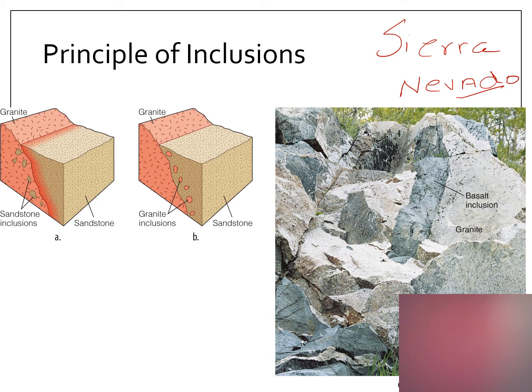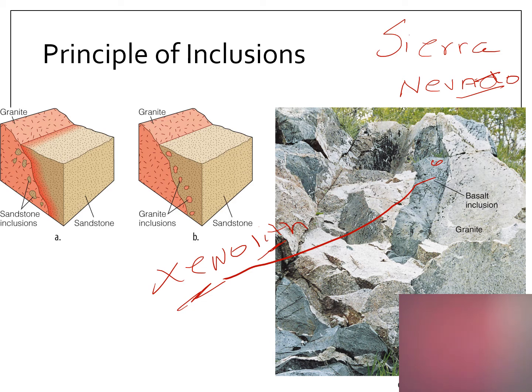Well, those are inclusions. These inclusions are called xenoliths. Xeno means foreign, lith means rock, so foreign rock. These are called foreign rocks, but that's kind of a misnomer because these were not foreign rocks. They were pre-existing. These were rocks that were there at the time.